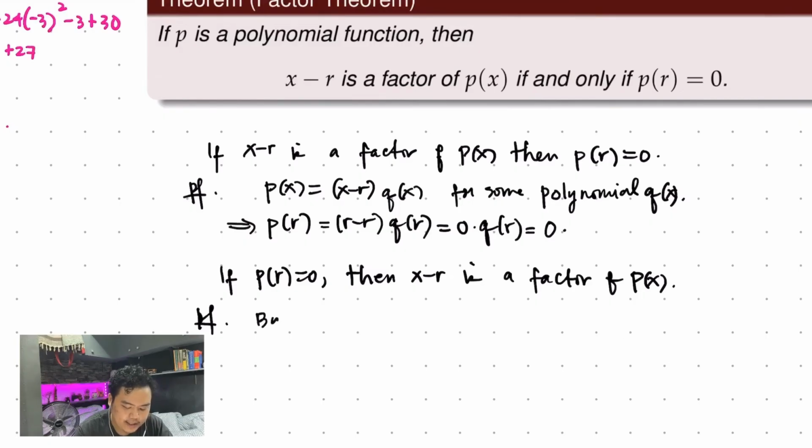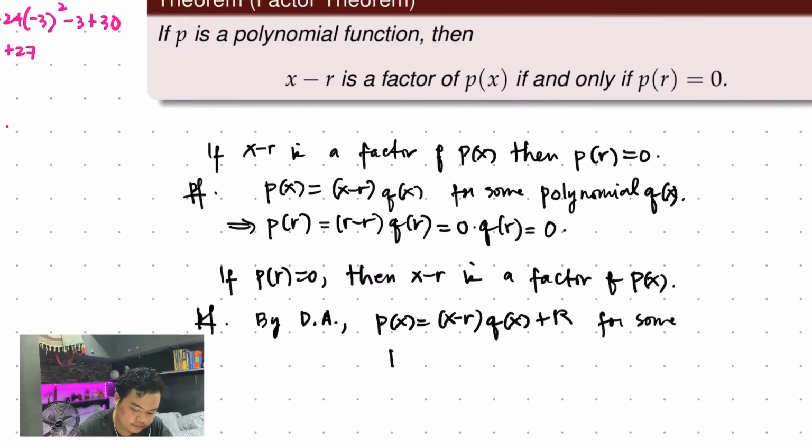So, by the division algorithm, p of x is equal to x minus r times the quotient plus remainder, for some polynomial q of x and real number capital R. Sabi natin, p of r is 0. Yan yung hypothesis natin.